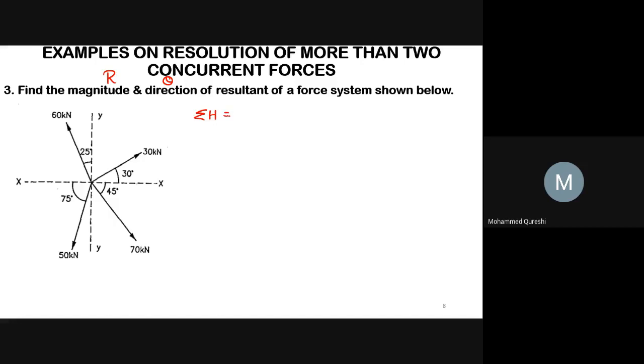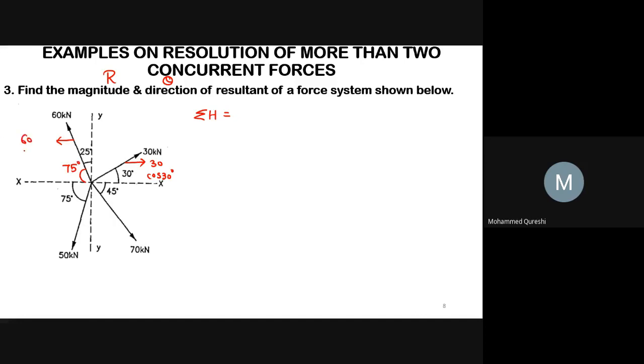Sigma h equals: first of all, we will locate all the horizontal forces in this figure. So here will be 30 cos 30. Then here 60 kilonewton is making an angle of 25 degree with the vertical axis, but we will go with the horizontal axis. So the total will be 75 degree.